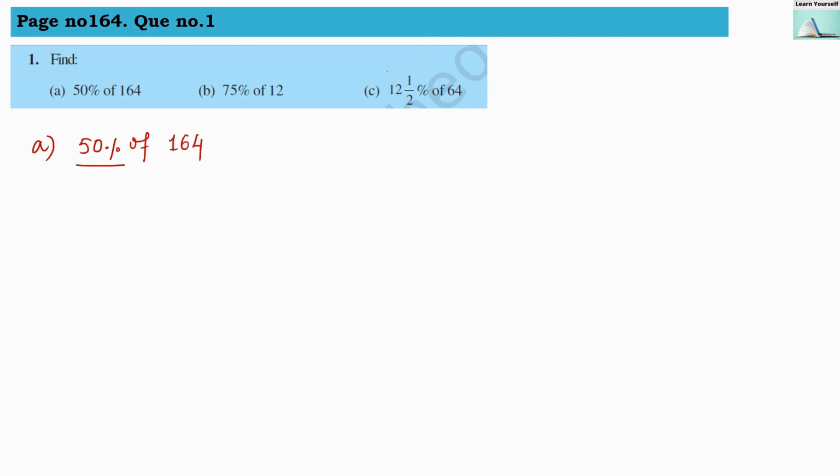Now this percentage we are converting into a fraction. When converting a percentage into a fraction, we divide by 100. So 50 divided by 100 of 164. Of suggests multiplication, so we get 50 divided by 100 multiplied with 164.